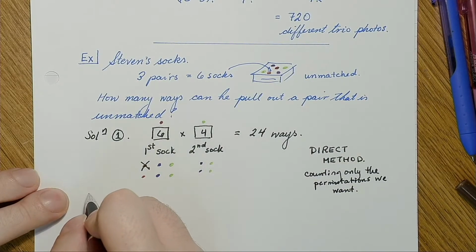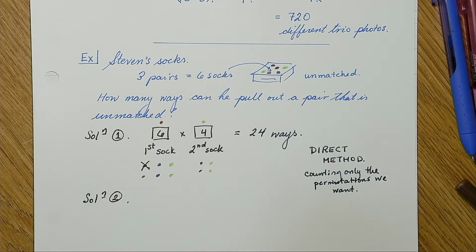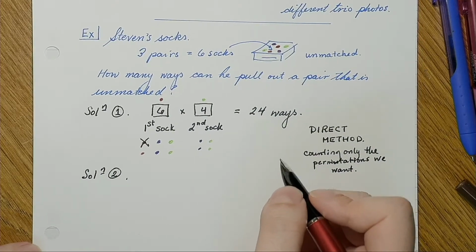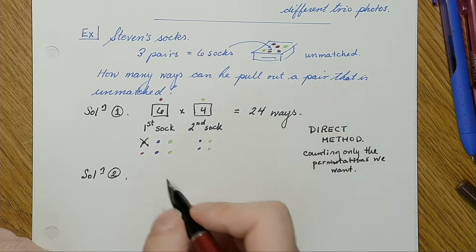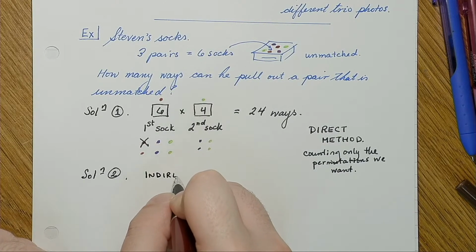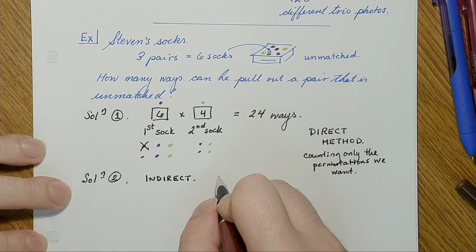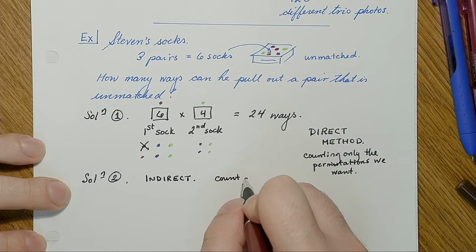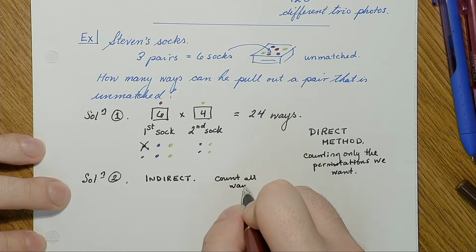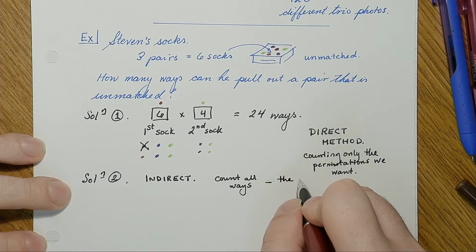And here's the second solution. So we can do it the indirect method. And that is, we count all the possible ways, and then we subtract the ones we don't want.